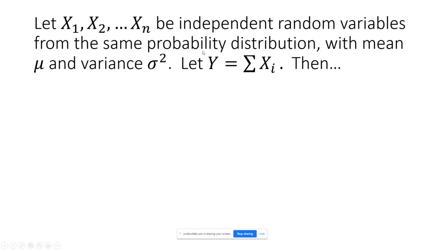And we'll let y be a new random variable that's equal to the sum of all of the x's. Then 3 things are true. First, the expected value of y is n times mu, and the variance of y is n times sigma squared. That's true no matter what distribution we're coming from.